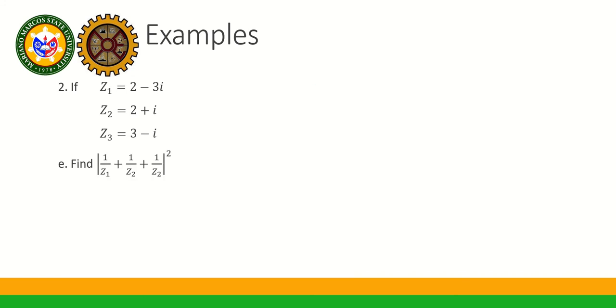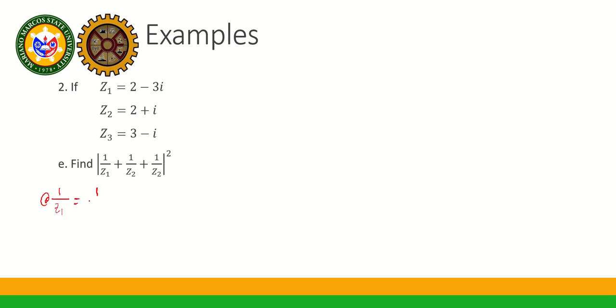Okay, so let's try the next example or the last na to na example for modulus of complex numbers. So, separately na lang ulit natin na gawin. So, this will be equal to at 1 over z sub 1.